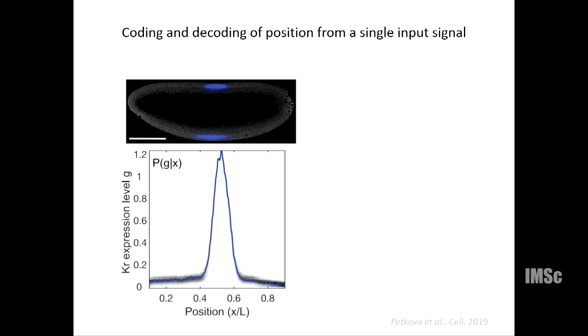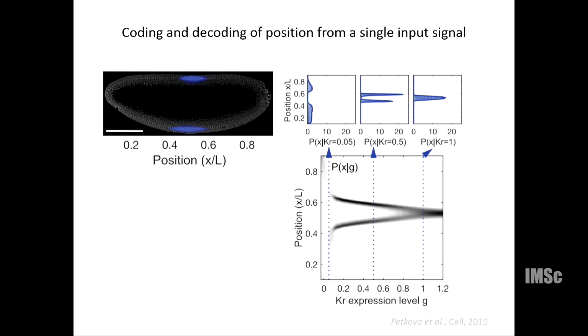And now, if you want to invert that distribution, you basically could flip it. And then, from the cell perspective, you ask, imagine a cell here close to the anterior side, and it experiences a very low concentration of this signal. And that's the probability of this cell finding itself in these regions, which is very broad.